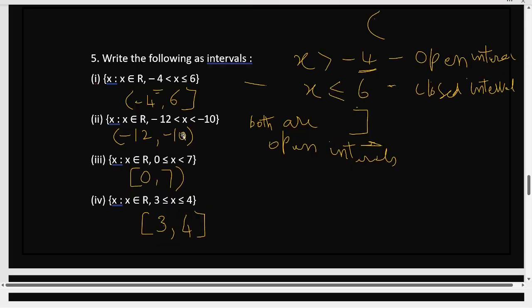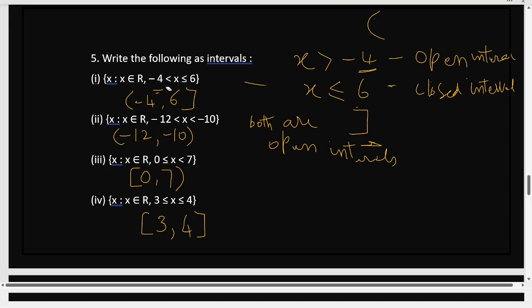Now comes the next question, which is based on the interval form. Write the following as intervals. See, this is in the set builder form. {x such that x belongs to R, minus 4 is less than x is less than or equal to 6}.